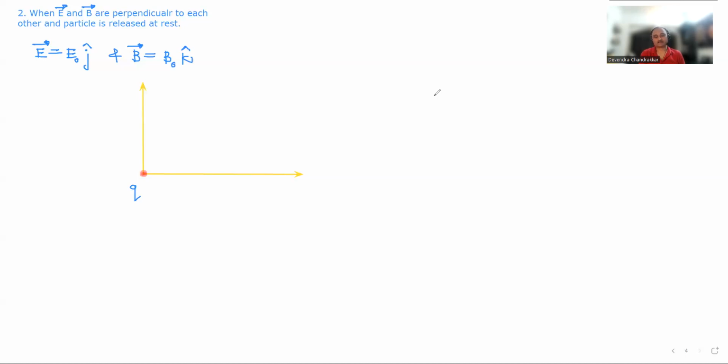It will be along X and Y. Y because of the electric field, and X because of the force from the perpendicular magnetic field and velocity. So if this is the X axis and this is the Y axis, the particle will move in this direction.